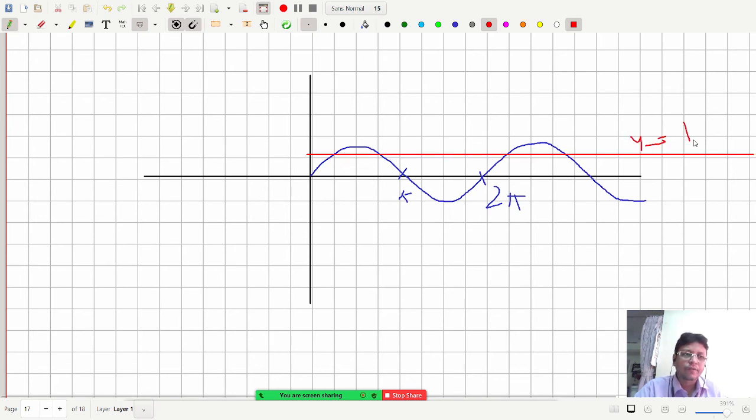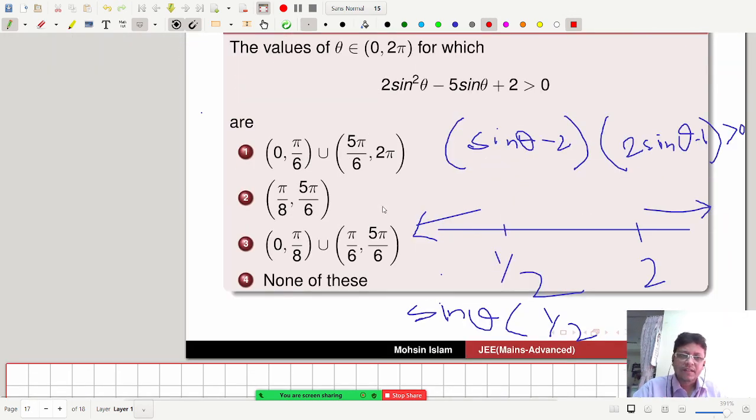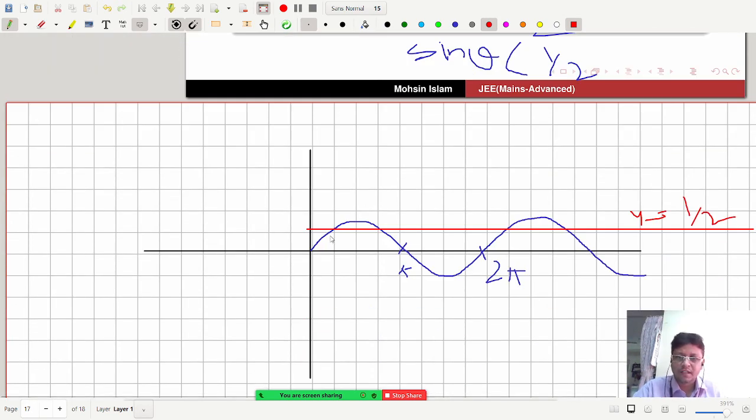I'm drawing a rough sketch with my mouse, so maybe some error. So y equal to half. So you have sine theta less than half. Where do you have sine theta less than half?